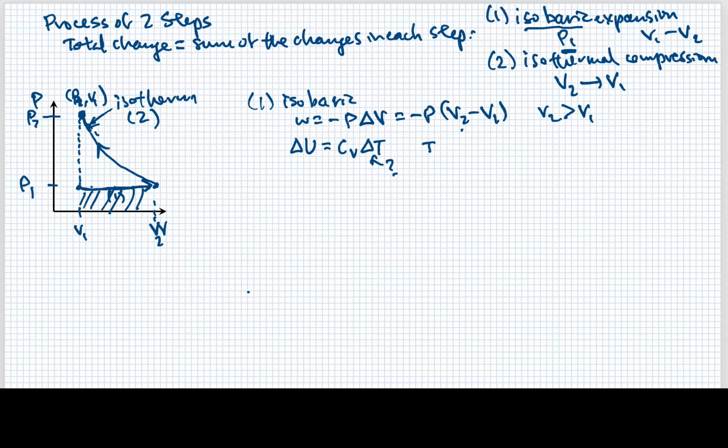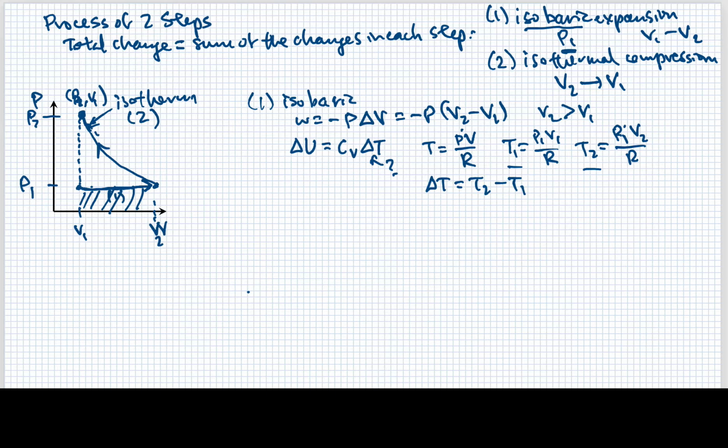Well, remember that for the ideal gas, the temperature is equal to the pressure times the volume over the gas constant. So T1 is going to be P1 V1 over R, and T2 is going to be P1 V2 over R, because P didn't change in that step. So I can find T1 and T2 and use that to calculate delta T.